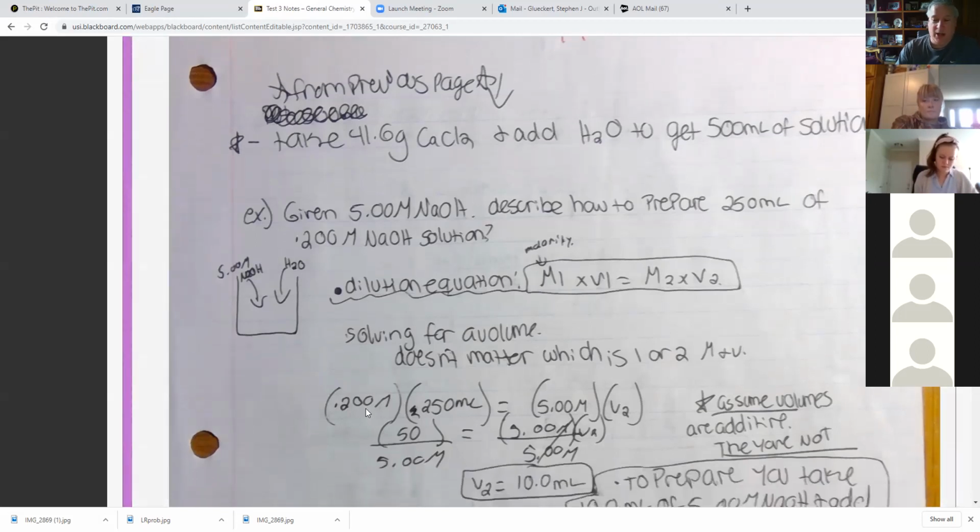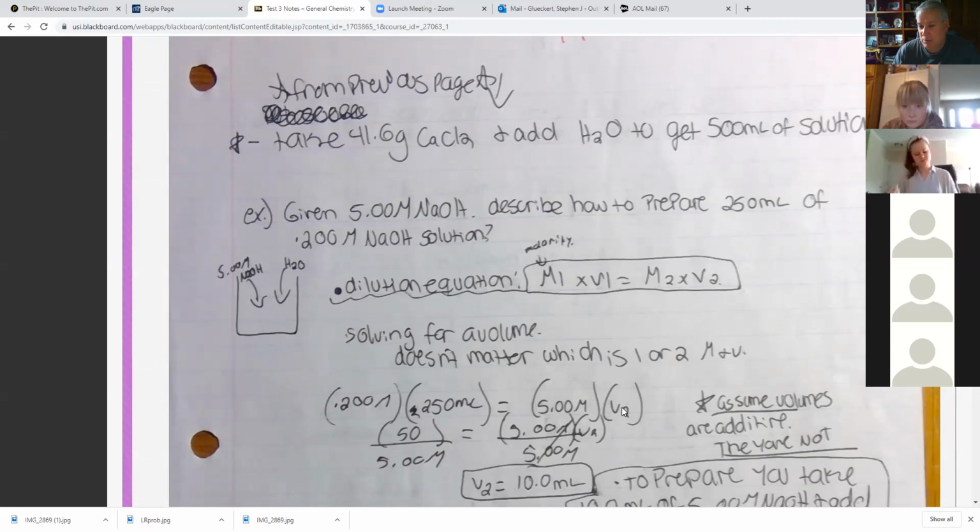Simply punching in, it doesn't matter what you call M1 and V1 or M2 and V2 as long as you keep them together. What we want is 250 milliliters of 0.2 molar NaOH. So M1 I'm going to say is 0.2, V1 I'm going to say is 250 milliliters, M2 is 5, and V2 is what we're solving for.